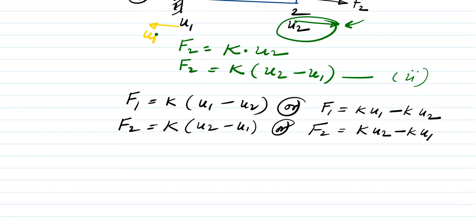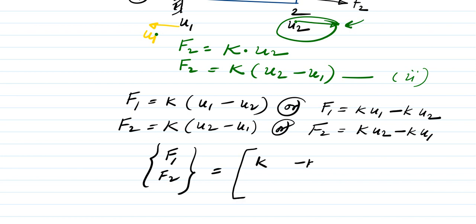The force vector is F1, F2, and the matrix has to be arranged so that first we write U1 and second U2.